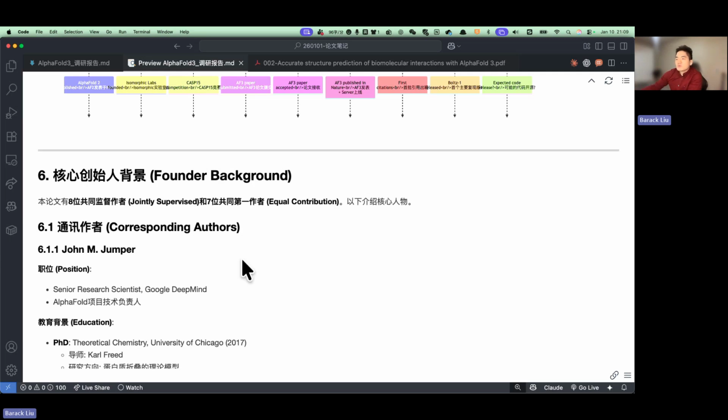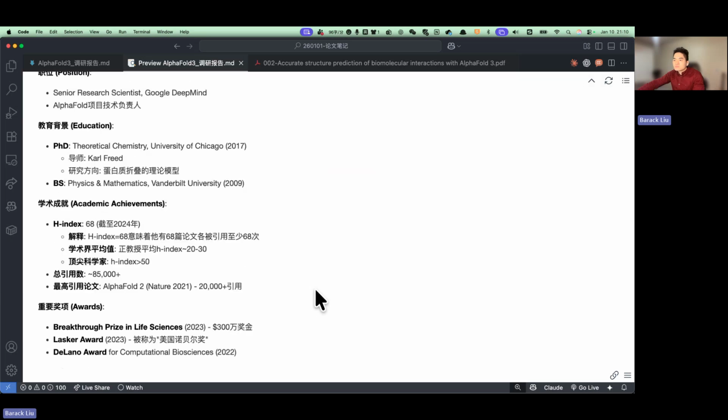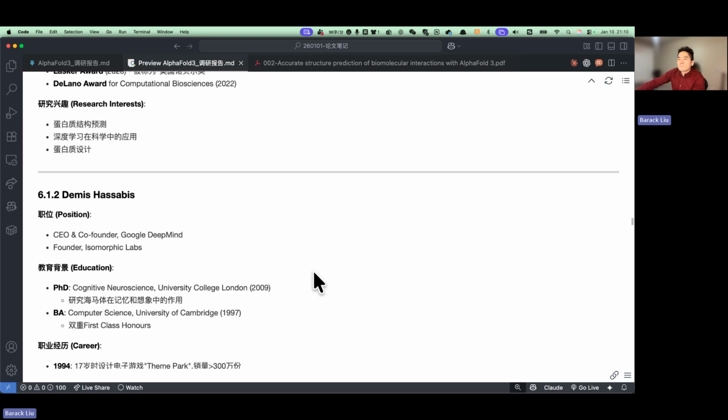John M. Jumper, Senior Research Scientist, Google DeepMind. Demis Hassabis.